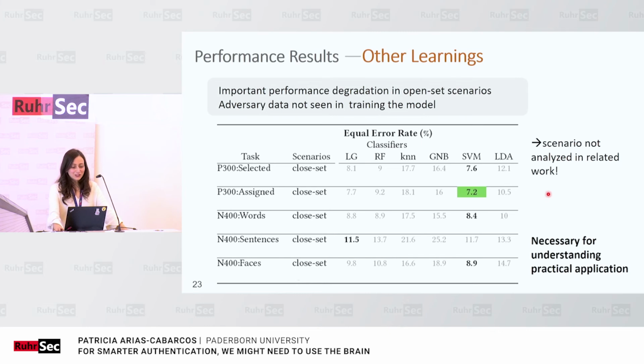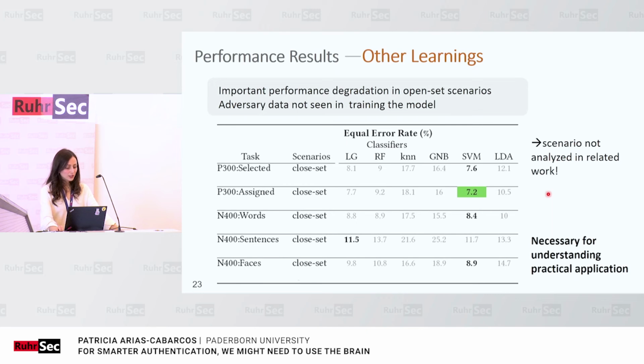Then we also tried something else. We saw that in the literature, the results that were reported included the attacker's data within the training of the system, which means that the model can learn something. So we decided that that was not realistic enough, and if we want to understand practical applicability, we should also test for imposters, for attackers that are not seen by the training process.